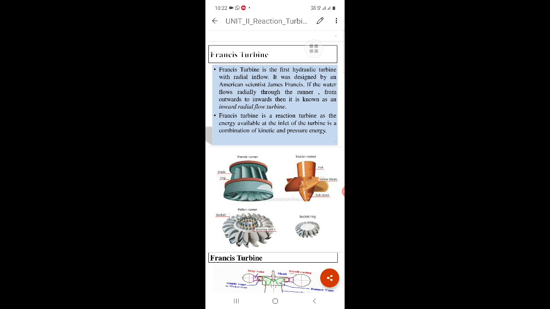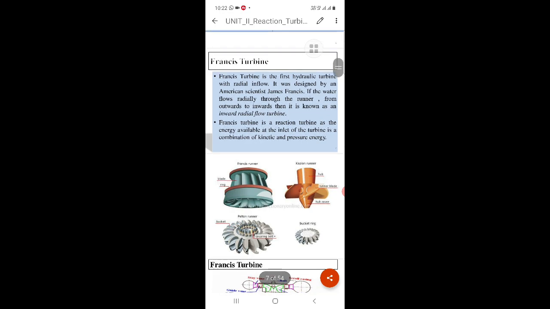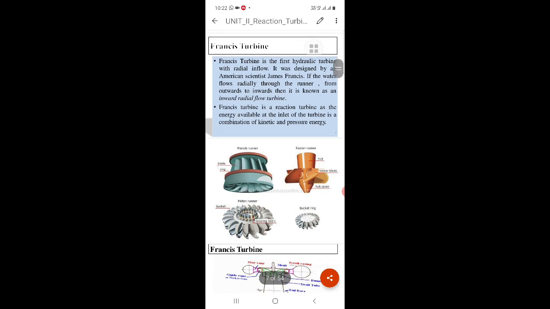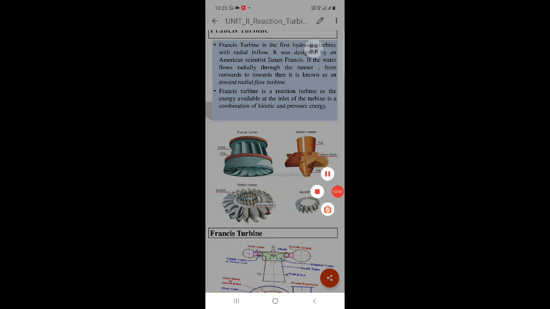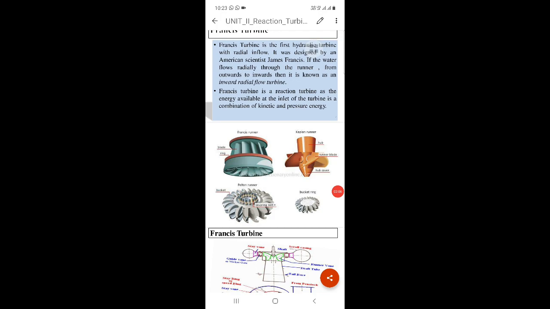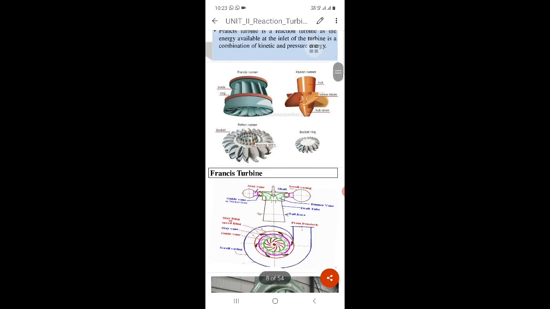It was designed by the American scientist James Francis. If the water flows radially through the runner, inward, then it is known as an inward flow turbine. The Francis turbine is a reaction turbine in which the energy available at the inlet of the turbine is a combination of kinetic and potential energy.